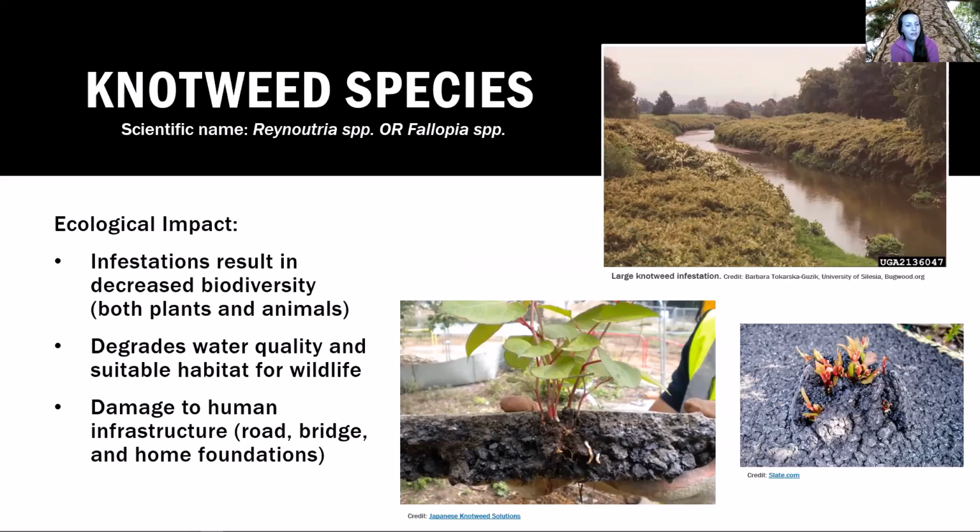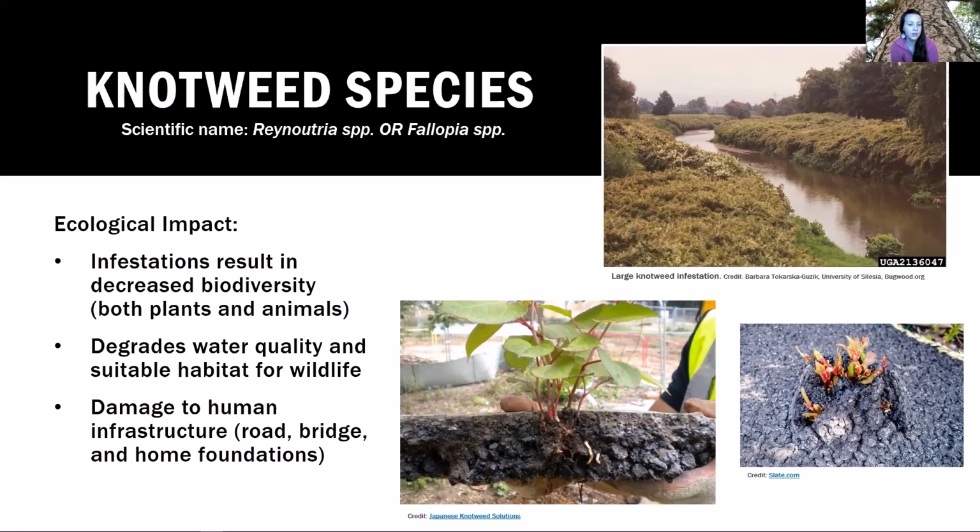So as far as the ecological impact of the species, if you take a look in that top picture, you can see that that's the riparian corridor, that the sides of that river have been completely overtaken by one species, and that is knotweed. And so anytime you have an area like that that's been completely overtaken by an invasive species, you are automatically looking at an area that has decreased biodiversity, because our native plants and animals cannot survive in an area like that.